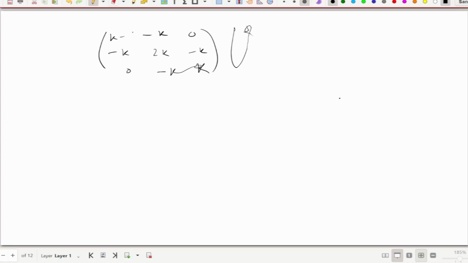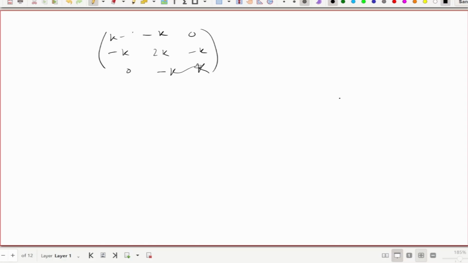So, we can write that this matrix, k minus, and now omega equal to 0. So, it will be k, minus k and 0; minus k, 2 k and minus k; 0, minus k, k, times the vector. Okay.